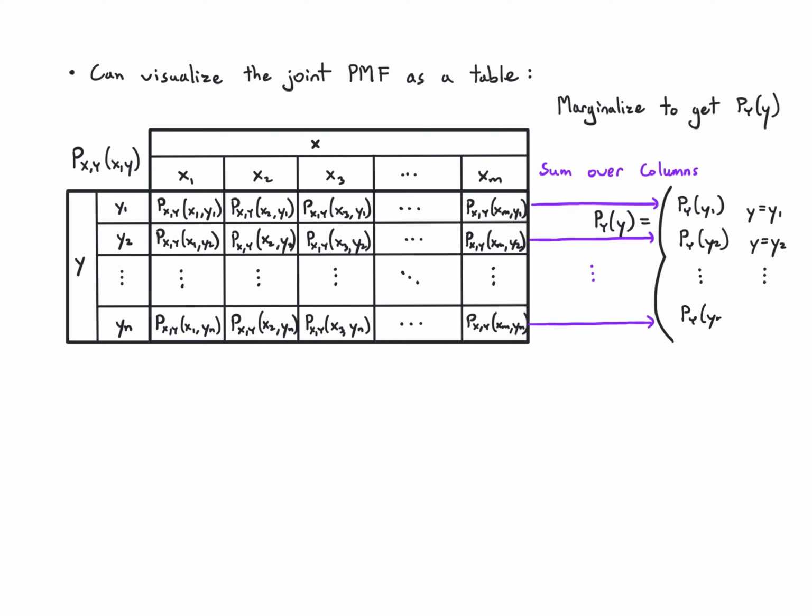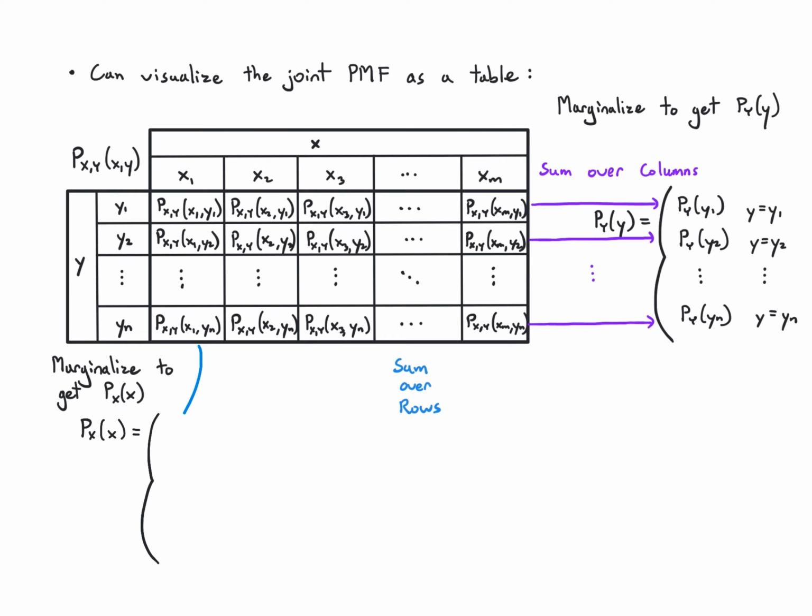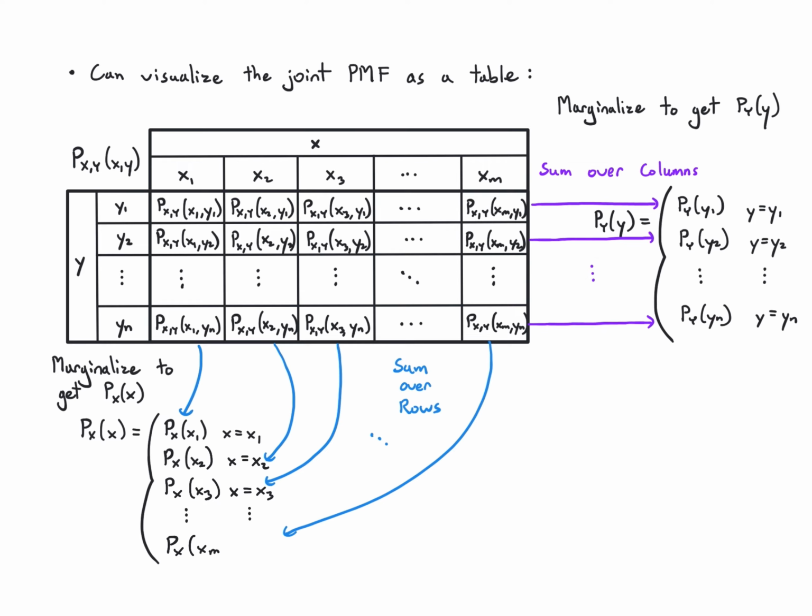The other thing I could do is sum up over the rows, and that's going to give me P of x. To get P of x at x1, I would sum up over all the values of y where x is equal to x1, same thing for x2, x3, and so on. If I did this, I would get this case-by-case formula for the marginal of x.